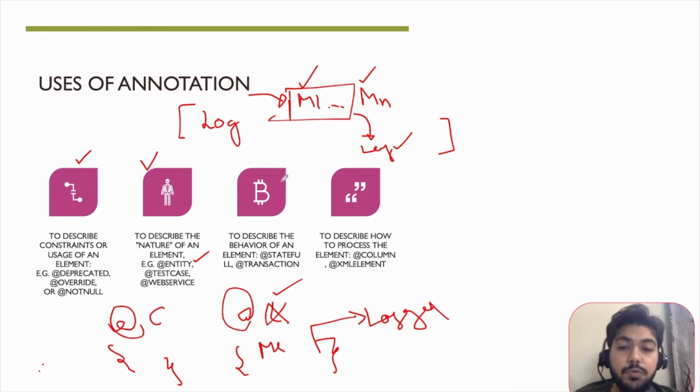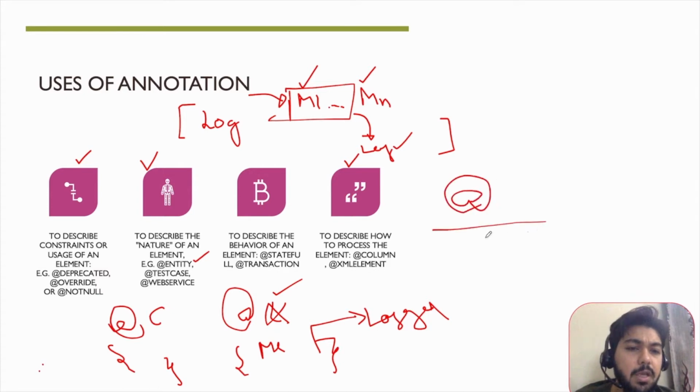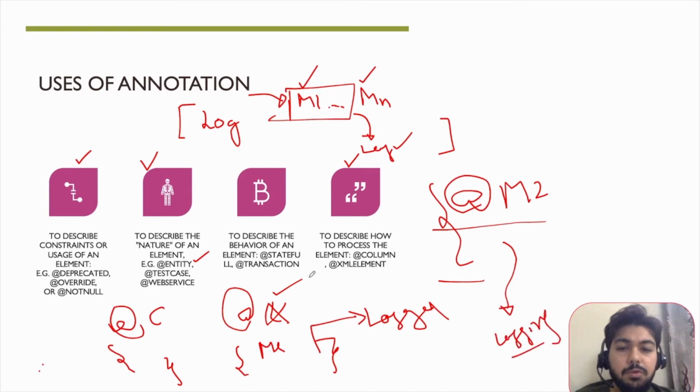It can be used to tell how this thing should be processed, like we are going to do right now. If we give an annotation over any method, then the processing of that method should change a bit, and it should include itself in our logging.